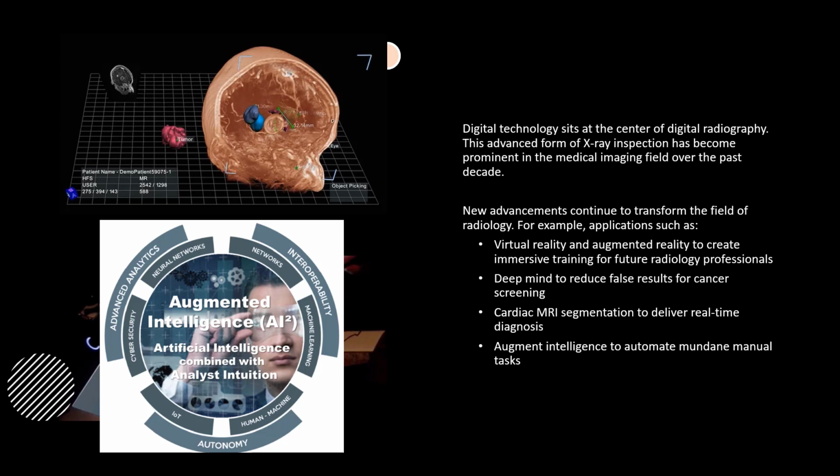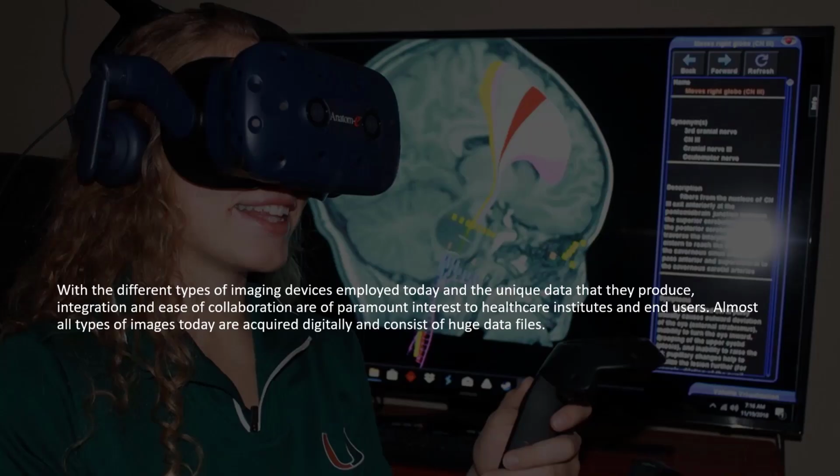interpretation and analysis. With the different types of imaging devices employed today and the unique data that they produce, integration and ease of collaboration are of paramount interest to healthcare institutes and end users. Almost all types of images today are acquired digitally and consist of huge data files.